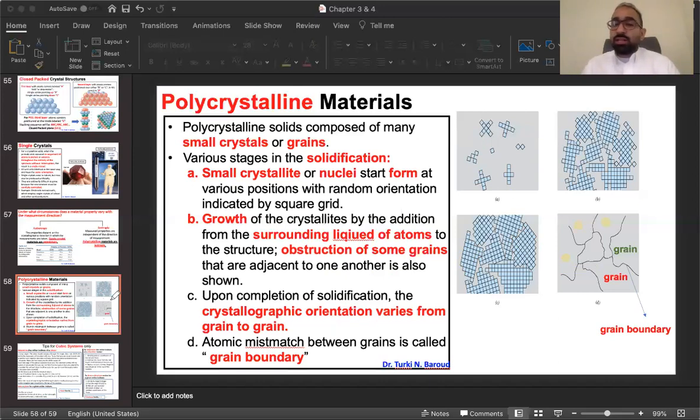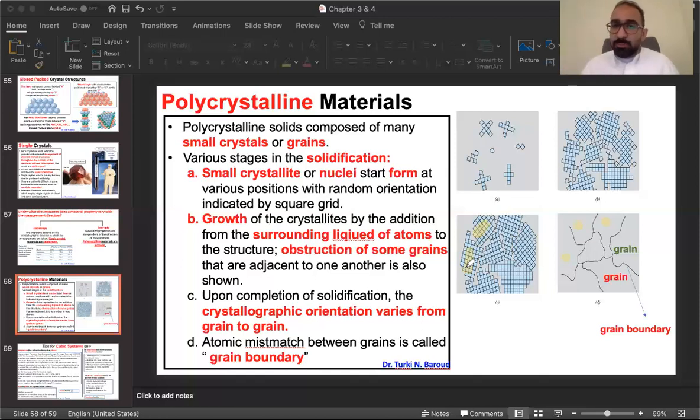This is why in polycrystalline material, the property does not depend on the direction, because at the end it will be the average, because the 110 here is different than the 110 here. If we say, for example, a certain direction, let's say 110, is the best direction, or the direction that's going to give you the highest value for a certain property.